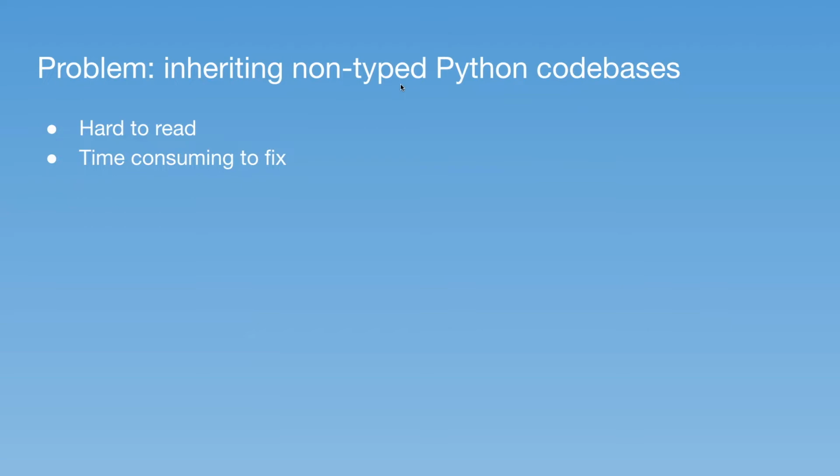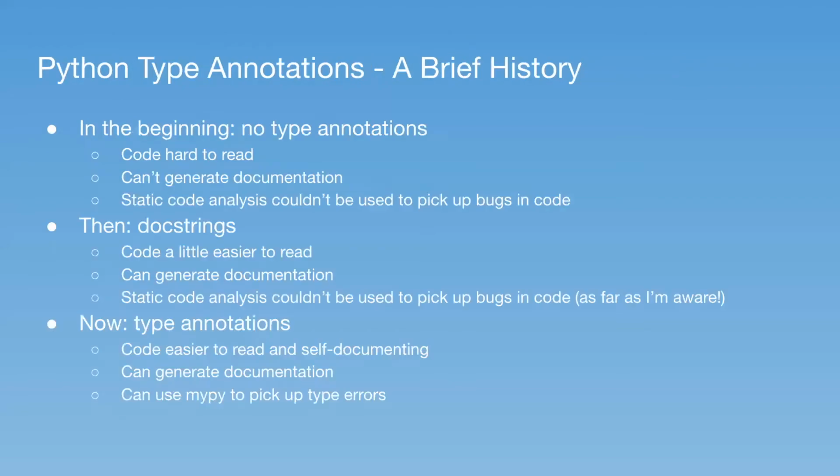Now, that's the way that Python code used to be written, and in some cases, the way that it is still written. But it presents some problems. It's perhaps harder to read than Python with type annotations, and also it can be very time consuming to add type annotations to a code base. So that was my motivation when thinking about something to discuss today.